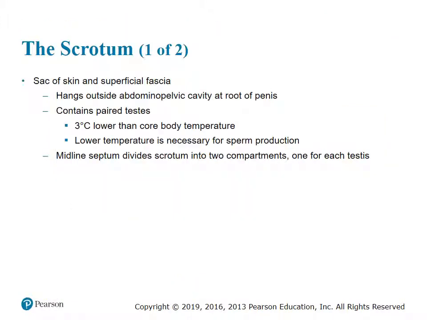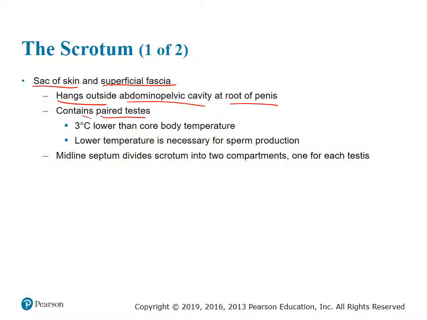Okay, so we'll first start off with the scrotum, right? The scrotum is actually not the testicles themselves, but the sac of skin and the fascia, which is connective tissue underlying the skin itself. And we know that the scrotum hangs outside the abdominopelvic cavity, found at the root of the penis. Here is where we actually have the testes.